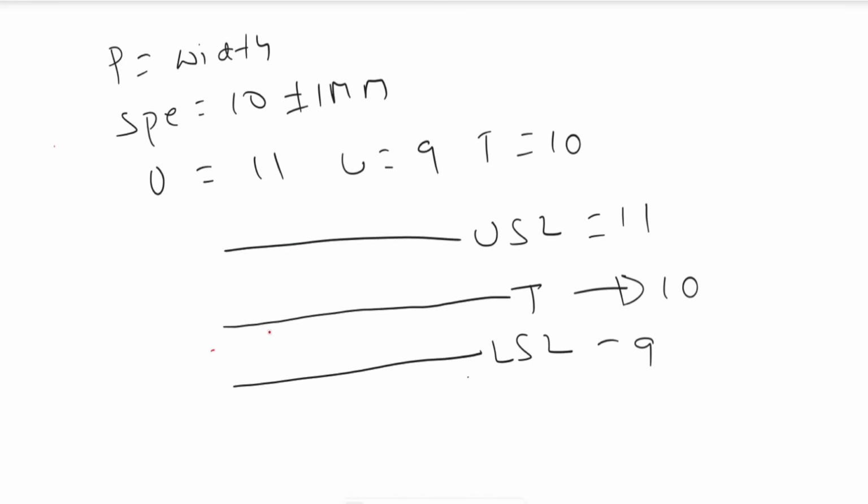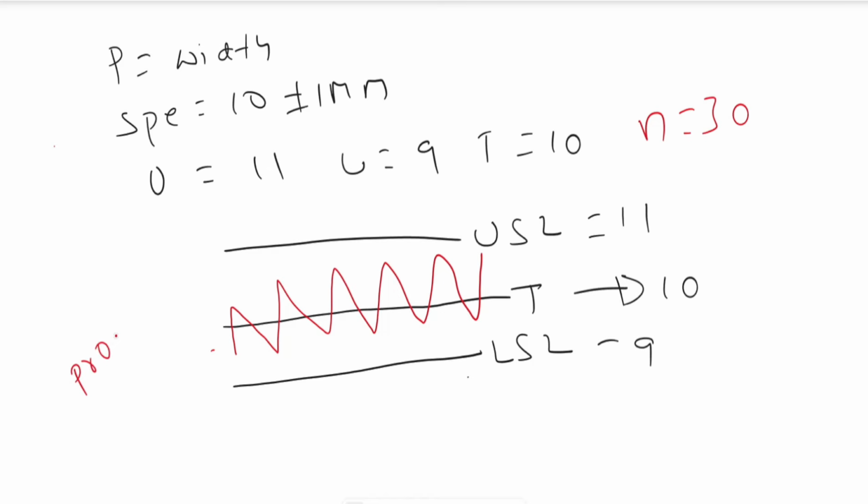Now when we take the sample size of 30, so n equal to 30 readings, and we plot it, all the points are within the specification limits. It means that the process is capable, because all the points are within the specification limit.